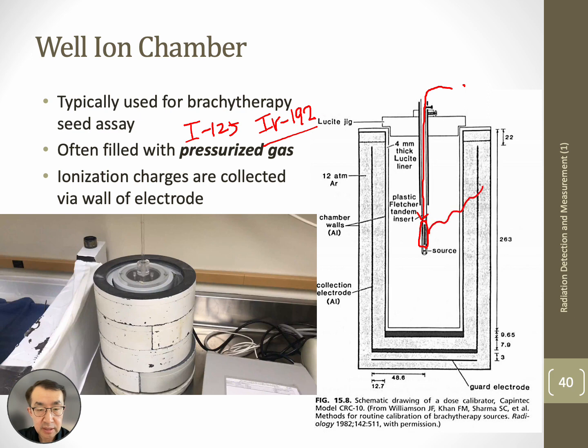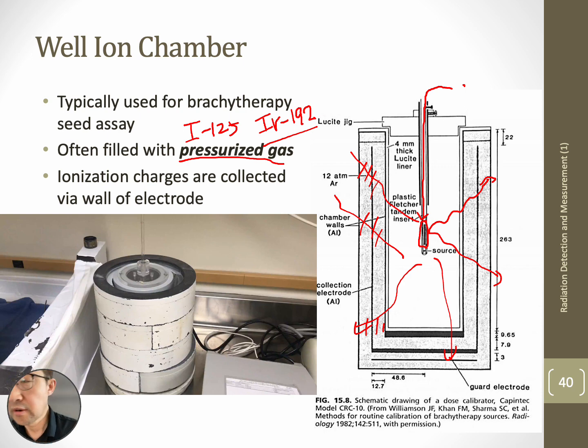Then the radiation will obviously come out in every direction, and you measure the ionization within this well. If it is pressurized and sealed, then you don't have to correct for the temperature pressure correction.